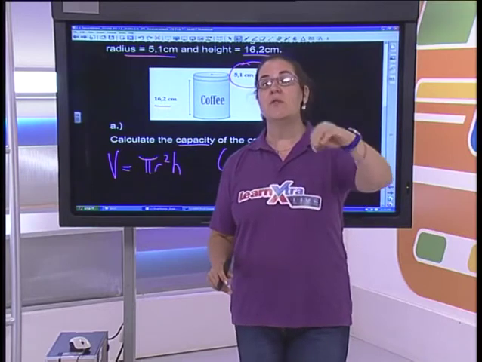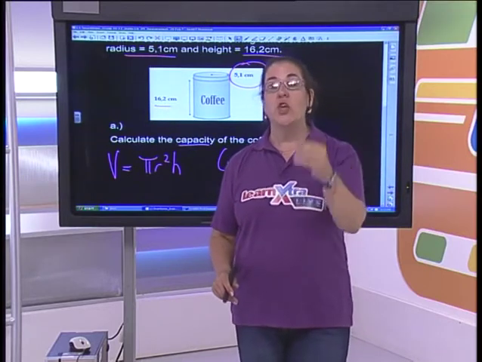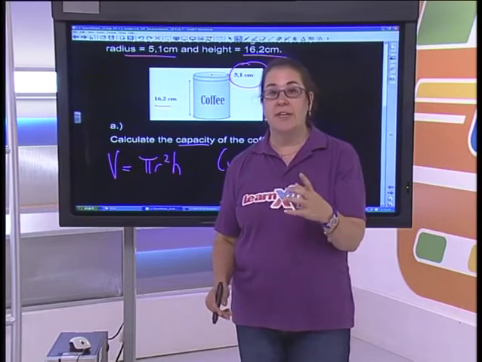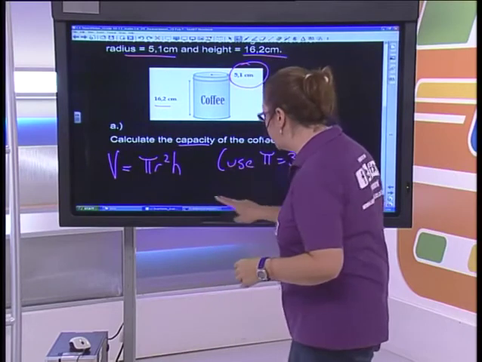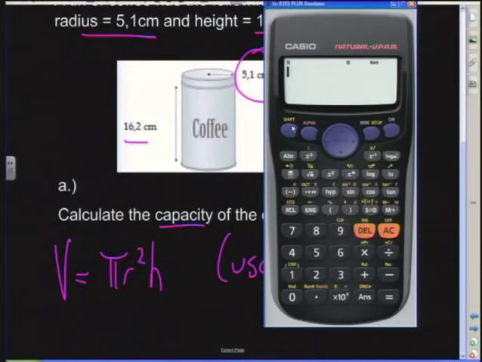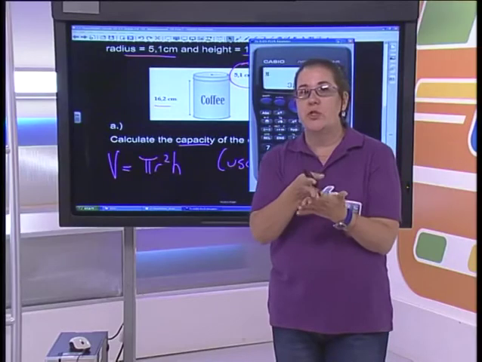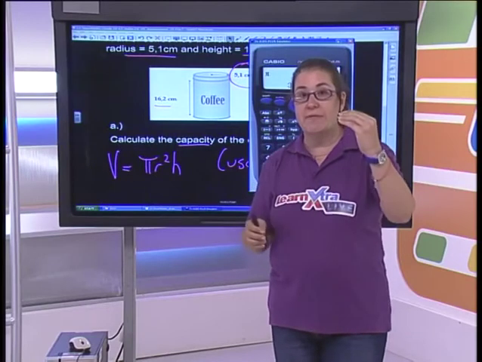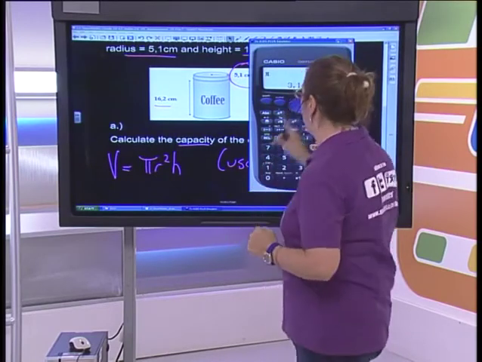Especially for you grade 10 and grade 11ers, you do not have to have a scientific calculator, so you don't have this pi button. This little pi button on my calculator, if I press equals, will tell me it's 3,14159, but we don't have to use it. So we use pi equals 3,14.